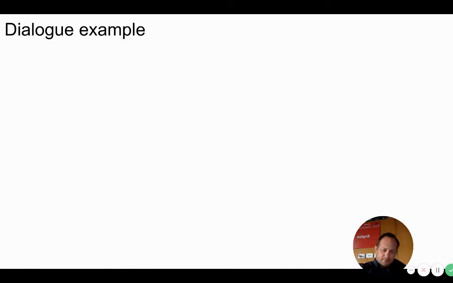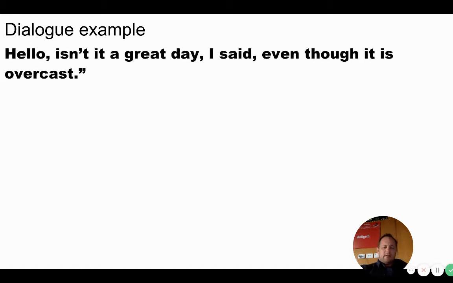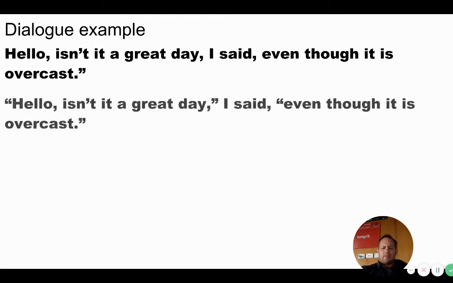So now here is a sentence with some direct speech, some dialogue in it. The first thing we've got to do is make sure our quotation marks enclose the direct speech and exclude any little bits and pieces that aren't direct speech.